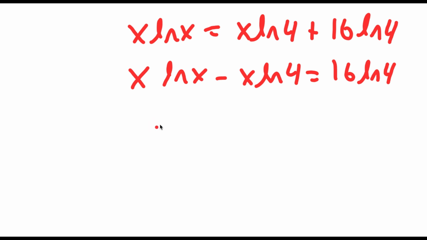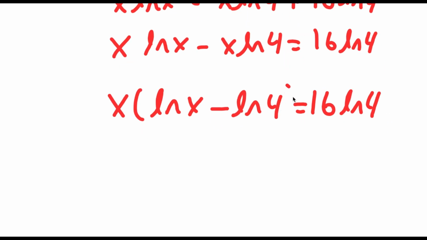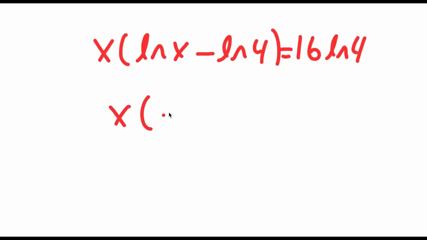And now if I factor out x from here, I get x times (ln x minus ln 4) is equal to 16 times ln 4. Now ln x minus ln 4, that's the same thing as ln of x over 4.